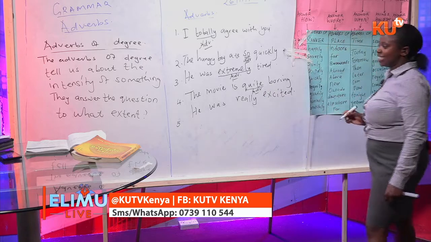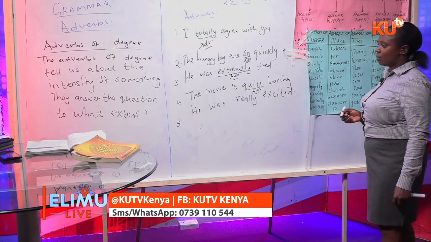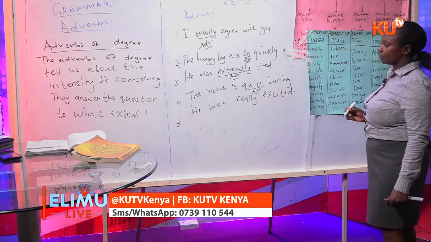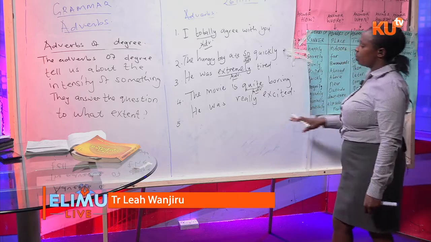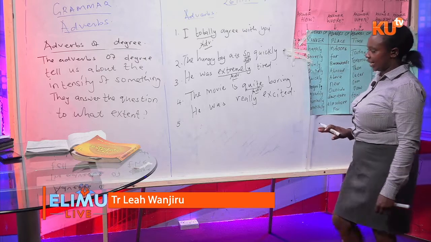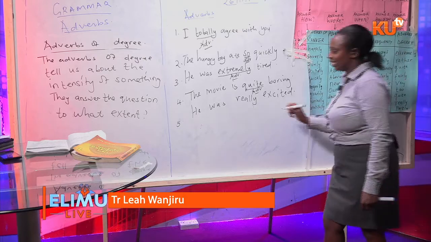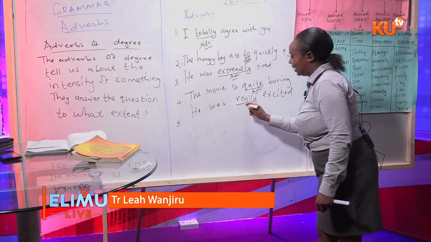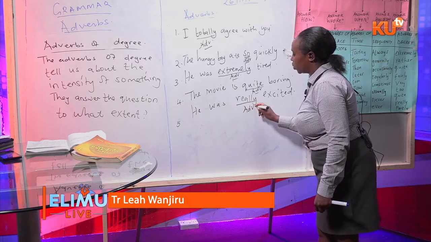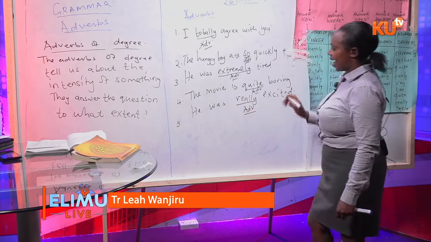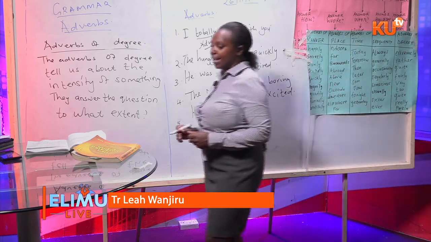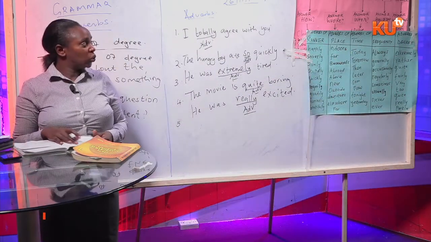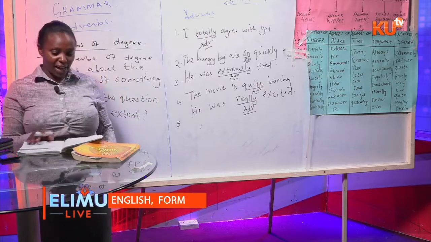Therefore, quite is our adverb of degree. Then we have, he was really excited. To what extent? Really. Therefore, this one becomes our adverb of degree.